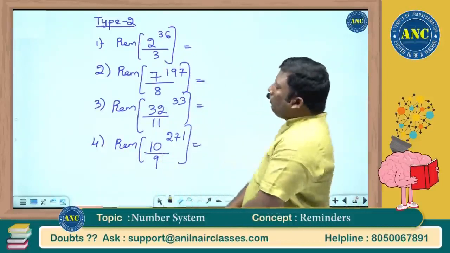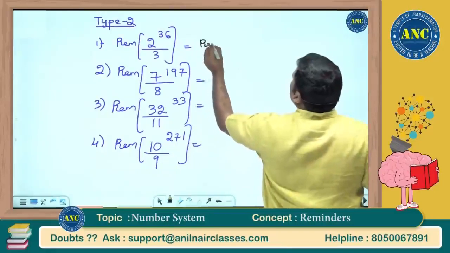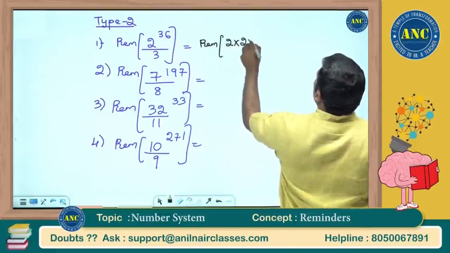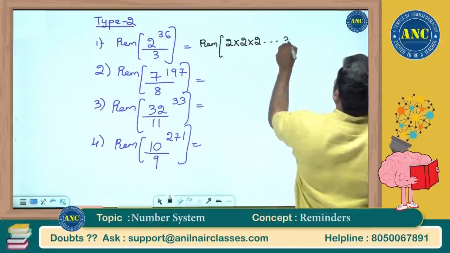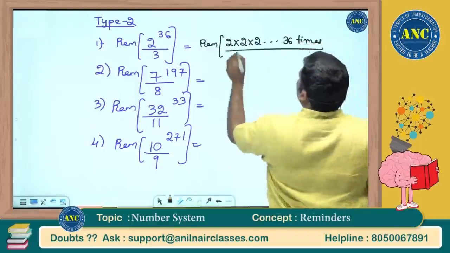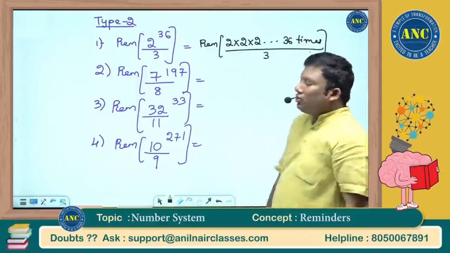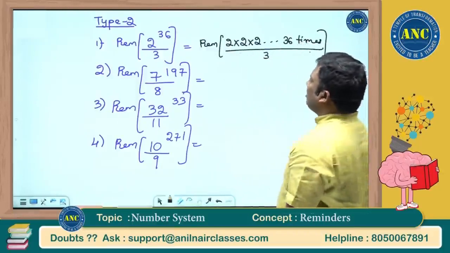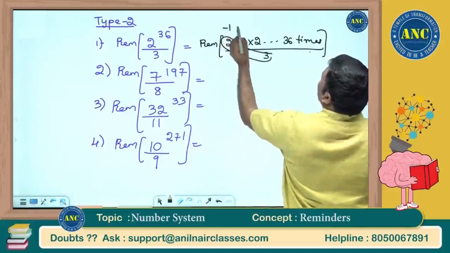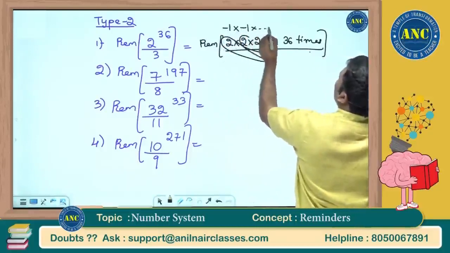Remainder 1, 2 power 36 divided by 3. 2 power 36 is nothing but 2 into 2 and so on up to 36 times, divided by 3. If you see, 3 ones are 3, it is nothing but minus 1.